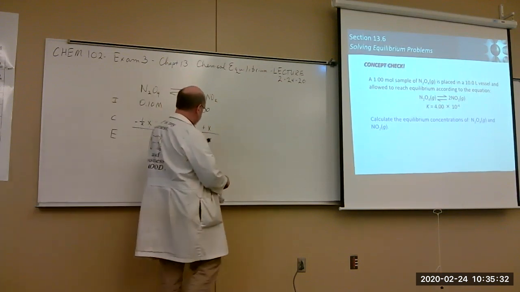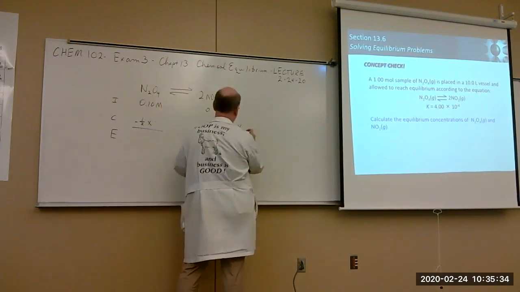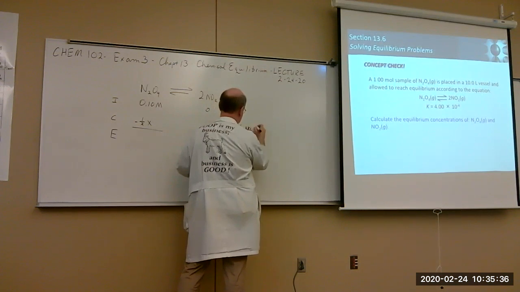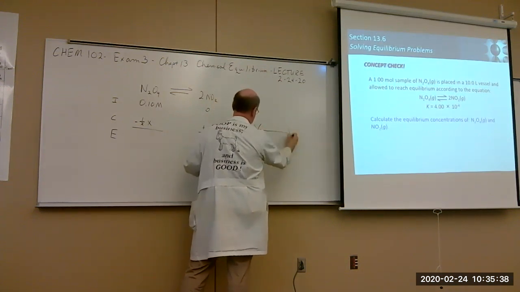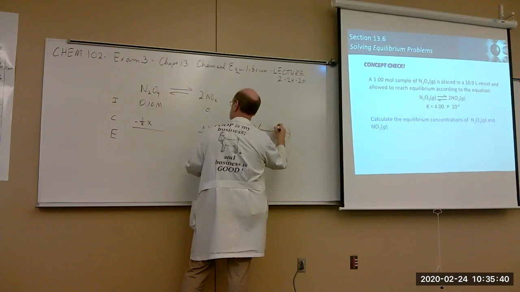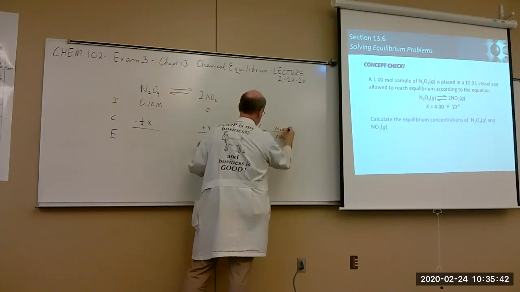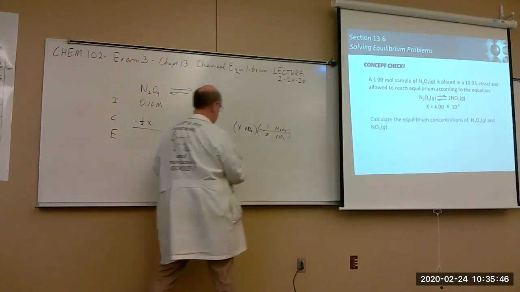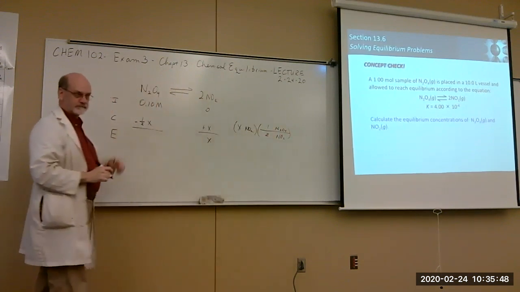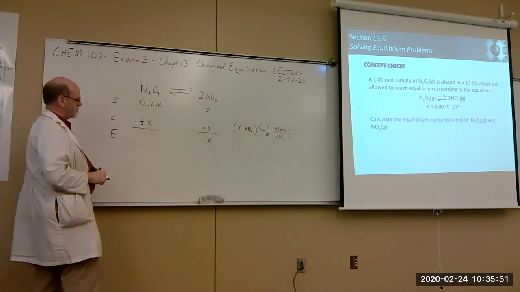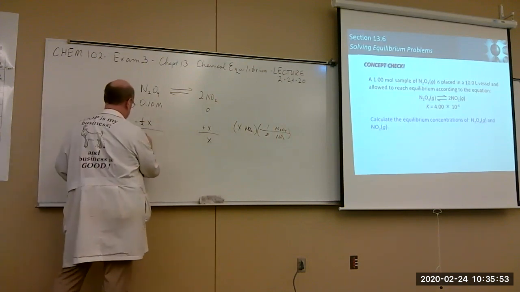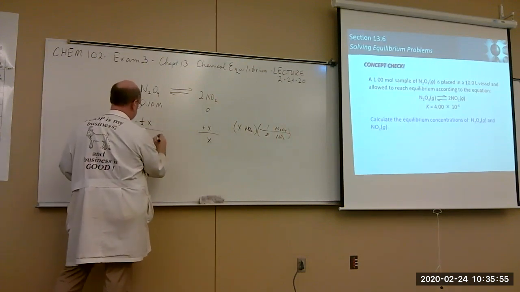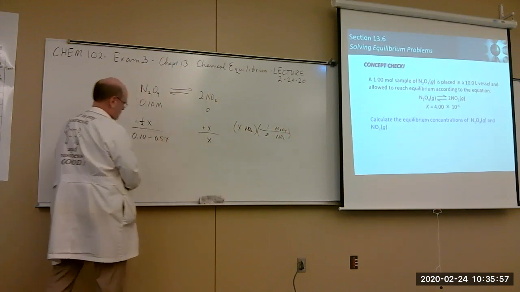Because if this is X, NO2, oh, is it because N2O4 is 1 of 2? Yeah, this is 1, this is 2. So it'll be half X for this one. That means 0.10 minus 0.5 X.